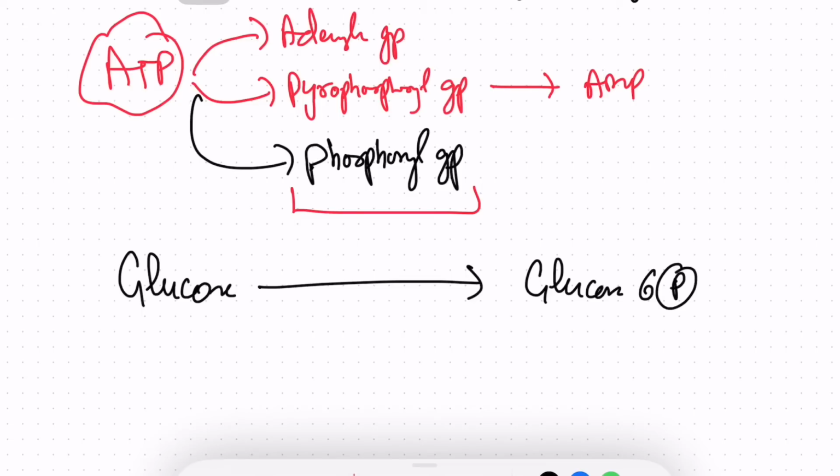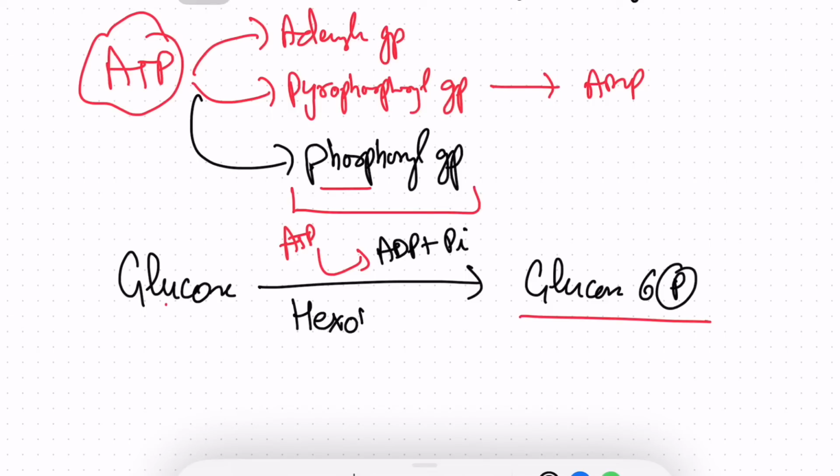ATP will donate the phosphoryl group, not the phosphate, please remember this, to glucose. We see the formation of glucose 6 phosphate, and the formation of ADP plus inorganic phosphate. This reaction is carried out by the enzyme hexokinase. So keep in mind it is phosphoryl group transfer.